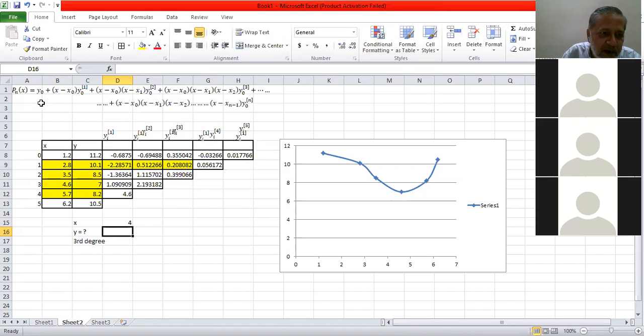Now, what is my first point? The first point is 2.8, 10.1. तो यहाँ जो y0 लिखा है, y0 के बजाय सब y1 हो जाएंगे। लेकिन once I have made the decision कि मैं थर्ड डिग्री एस्टिमेशन करनी है and I have to use these 4 points, I will treat this number as 0.